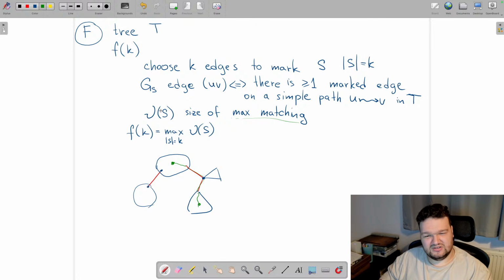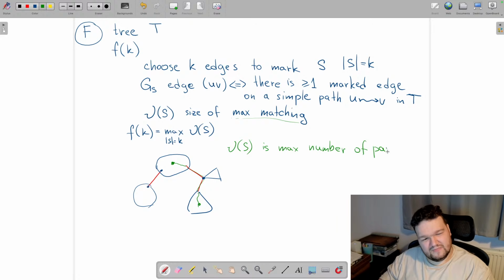So what this means is that nu of S is the max number of pairs of vertices from different components.